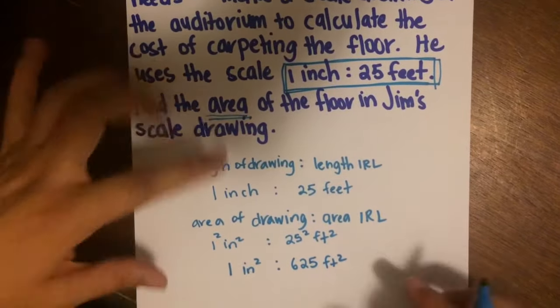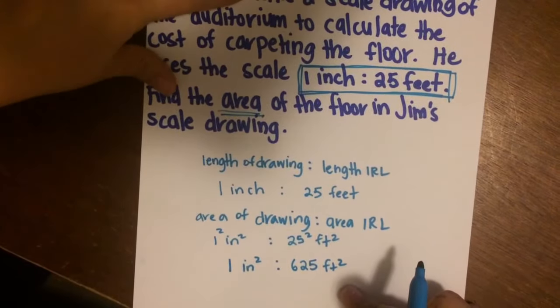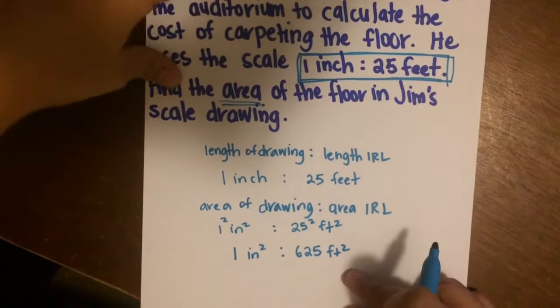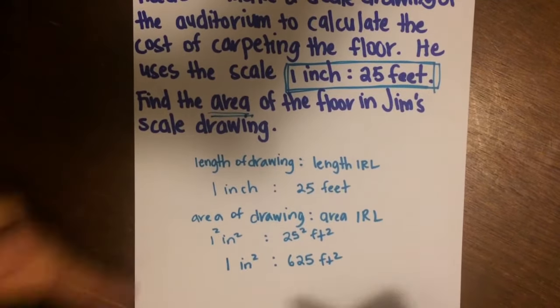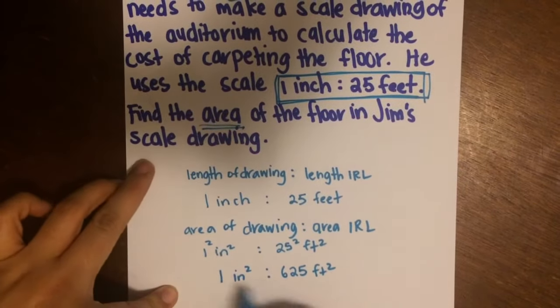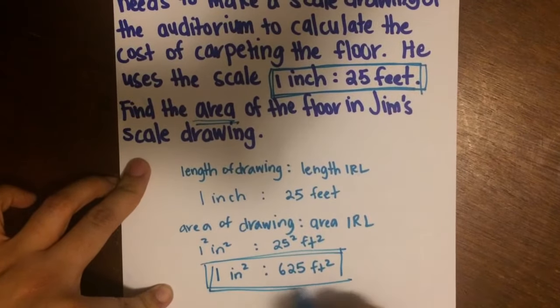All right, from this point right here, I'm going to look back at my problem, and I've got still 4,500 square feet. I do not know how many inches that is on my scale drawing, but I know that it's going to have a ratio that's exactly the same as this right here.